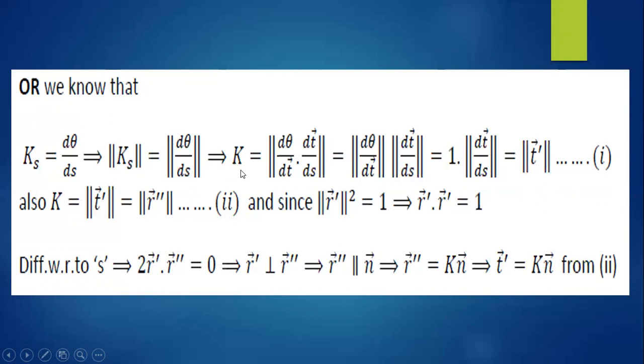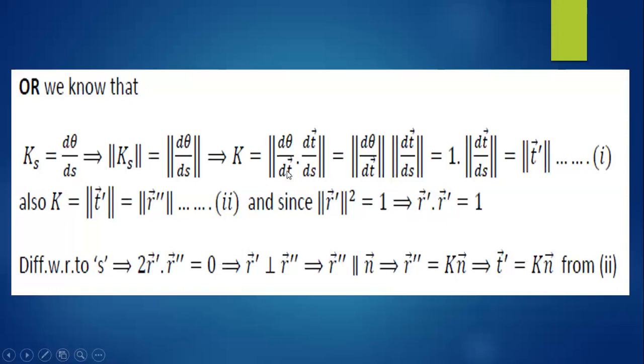So this k is equal to, meaning k is the sum of all subsections of arc length approaching s. k is equal to dθ/dt over ds. Here we use the chain rule.